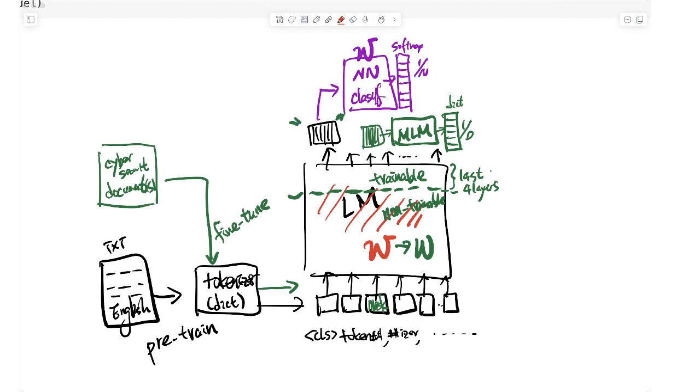So when you perform MLM, the green process, the frozen, or non-trainable, weights will be frozen. They will stay the same. But only the last 4 layers, or you can design your process, only the last 2 layers, 4 layers, or even 1 layer are trainable. So that is easier for you to perform such a green fine-tune process.